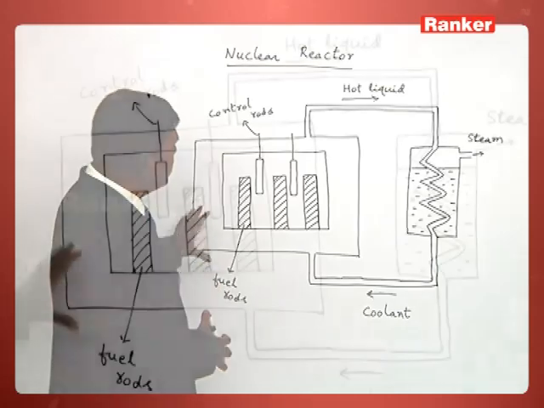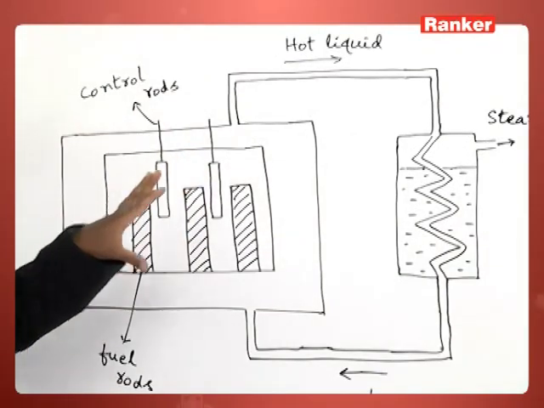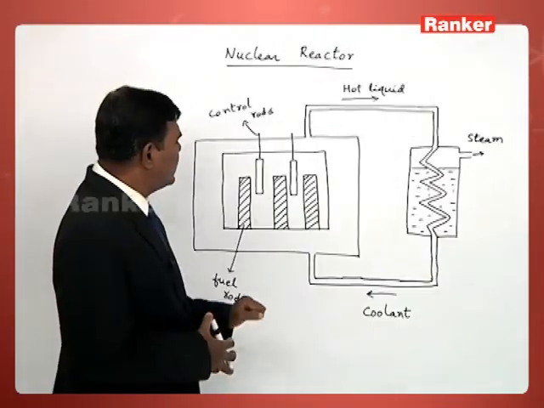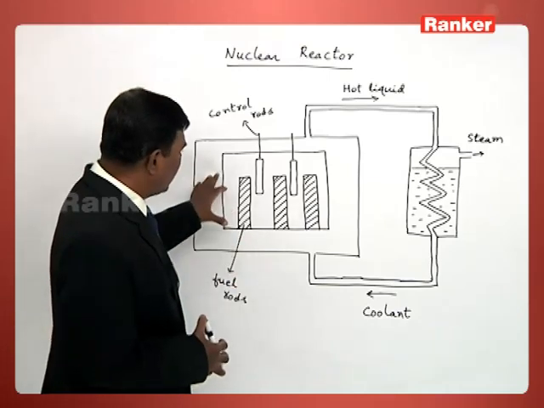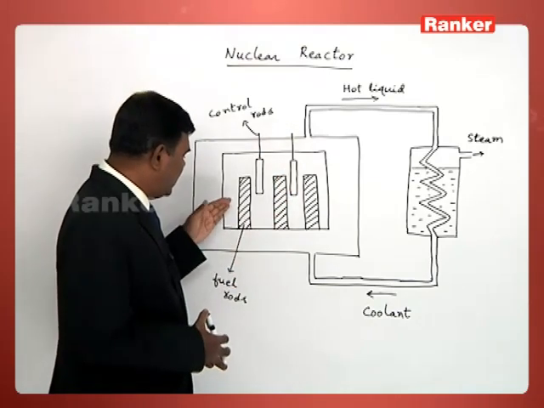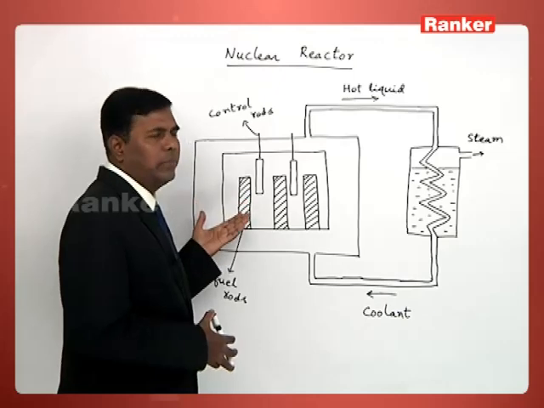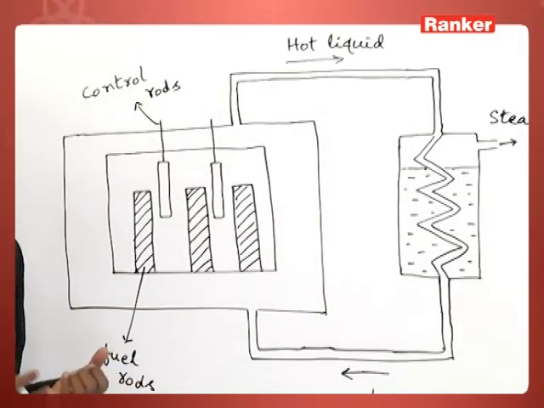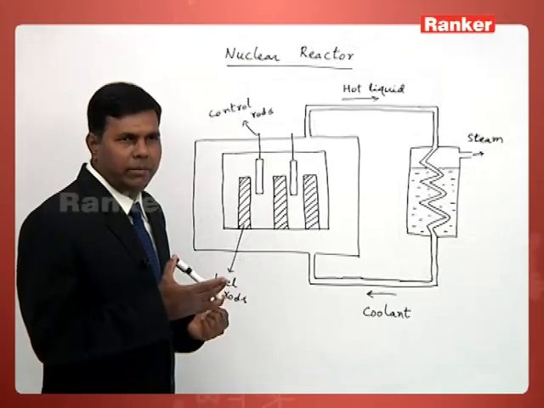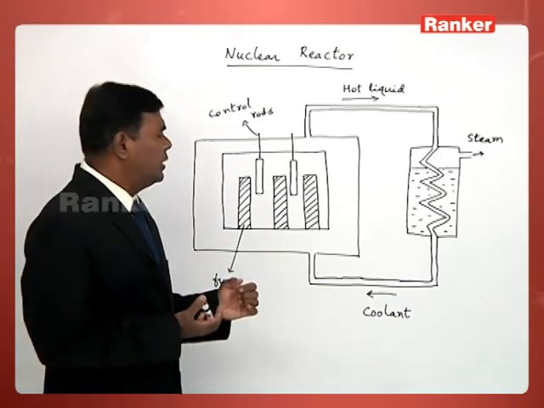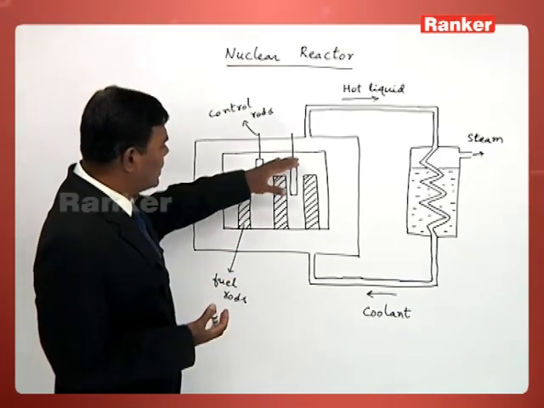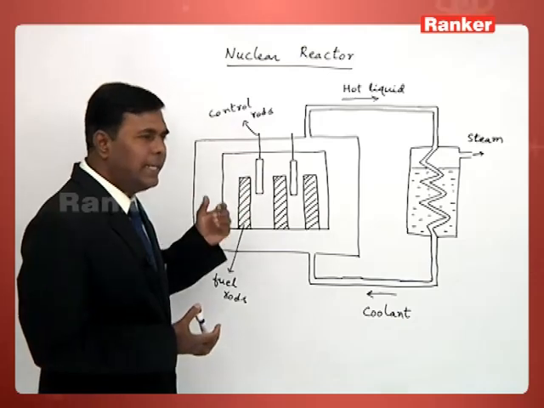Now coming to the generation of electric power, you can see what happens is within the core of the reactor, these fuel rods, uranium rods, undergo the fission process and emit energy. So the temperature of this core will start increasing.